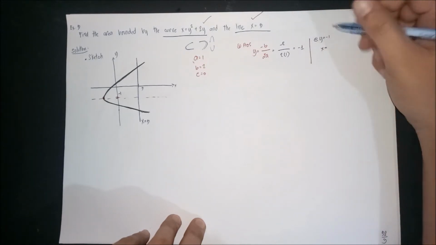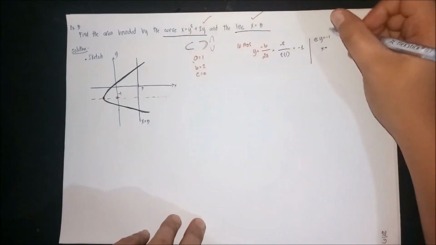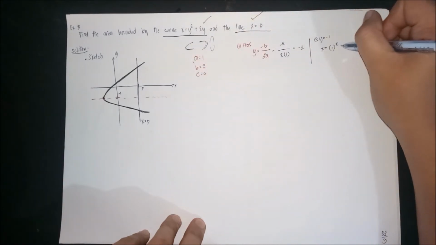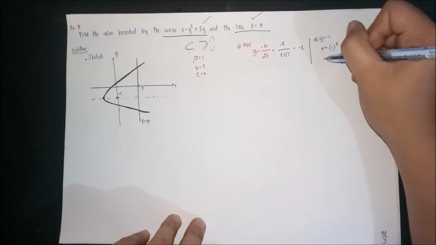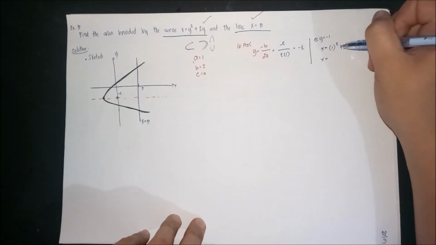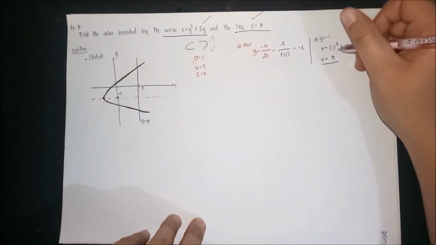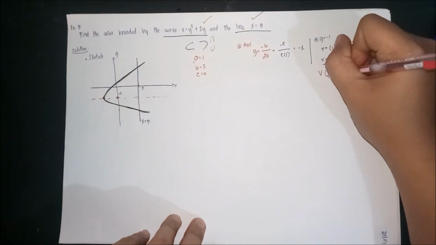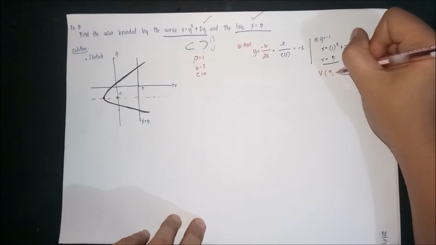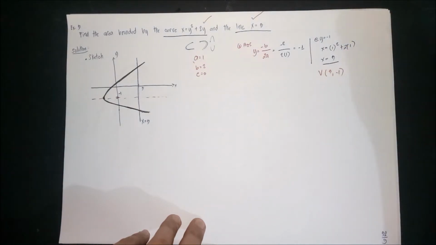So, x is equal to, based on the original given, y squared, that's 1 squared plus 2 times 1. So, x is equal to 1 plus 2, 3. So, ibig sabihin, yung vertex natin is at x is 3, y is negative 1.